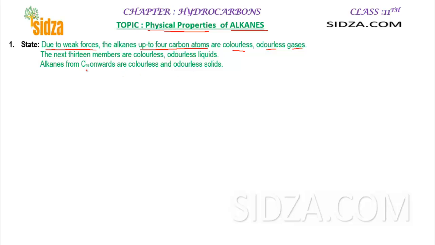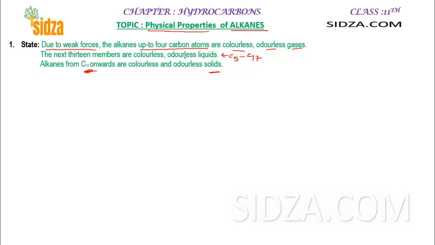and the molecules having 18 carbon atoms, C18 or more than that, are solids, and the alkanes from C5 to C17 are liquids. These are colorless, odorless liquids.